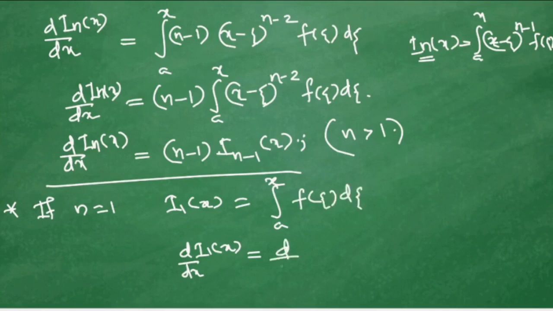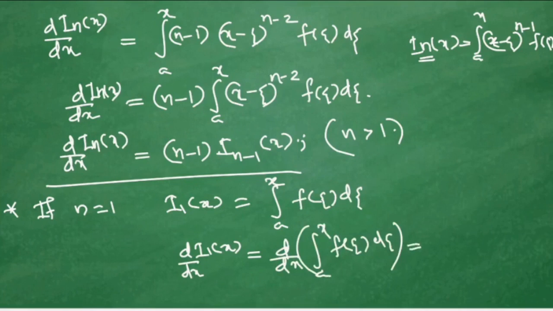So d by dx of I1 of x is d by dx of the integral a to x of f of theta d theta. Applying the Leibniz rule, this will be equal to the integral of the partial derivative with respect to x of f of theta. The partial derivative of f of theta with respect to x is 0, so the integral term will be 0.